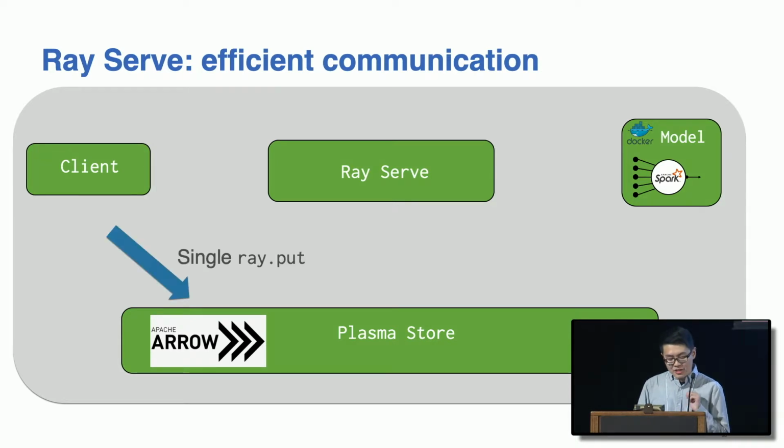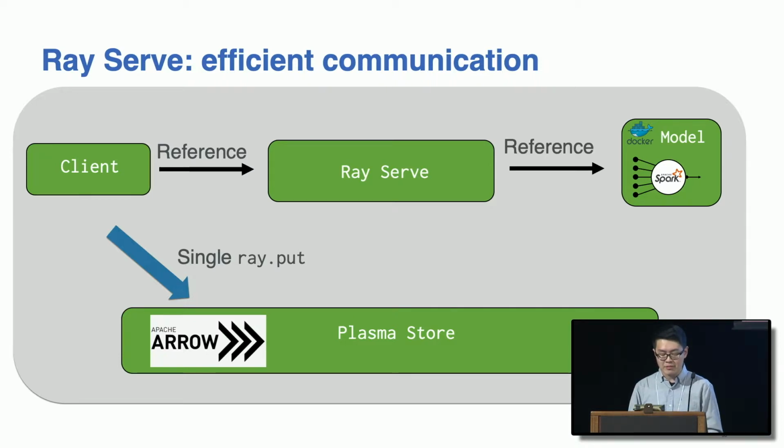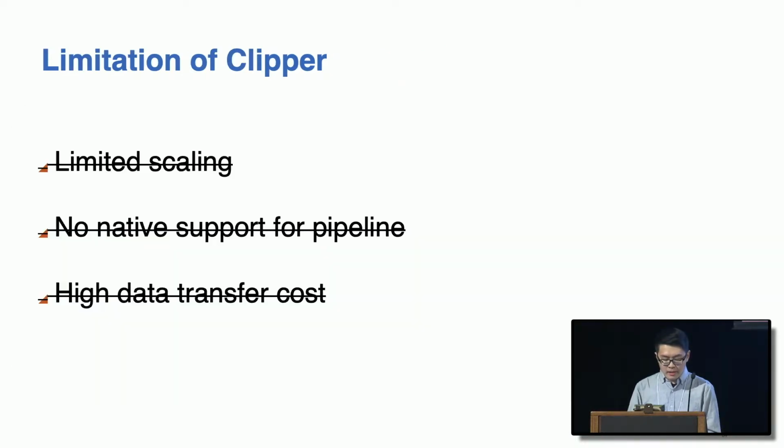The client will just need to use a single ray.put to put the object into Plasma Store, and then just pass the object ID, the reference, along to Serve. Serve will pass the reference to the model, and when the model is reading that object, because of Plasma Store, the model can use zero copy read to directly read the object. This is how we reduced high data transfer cost.